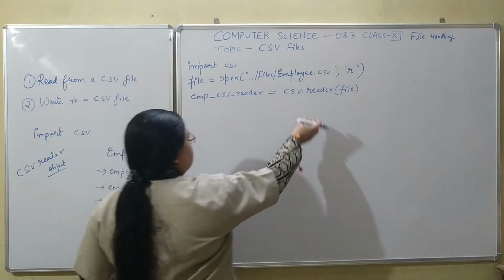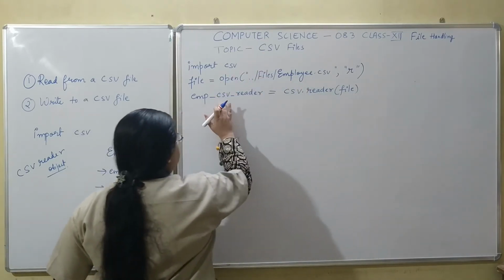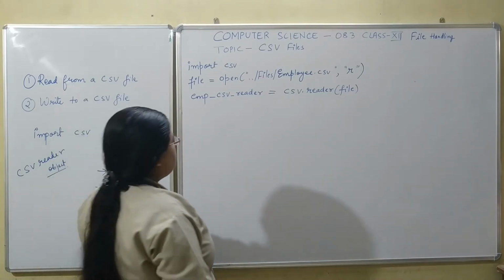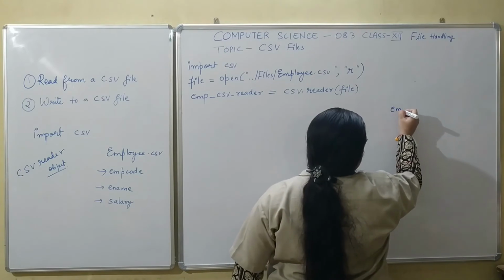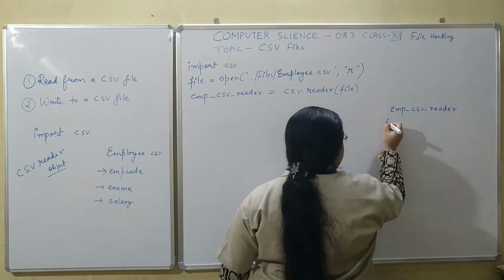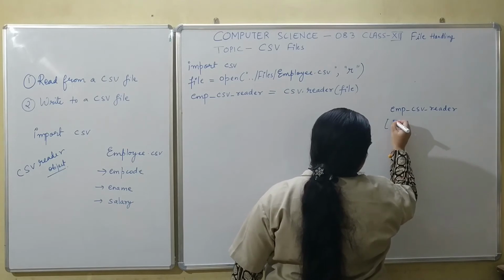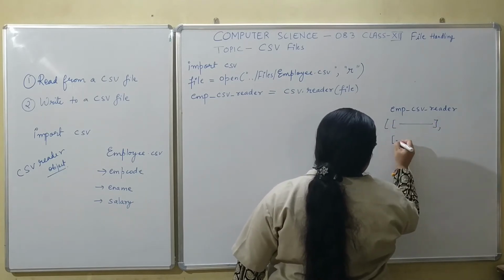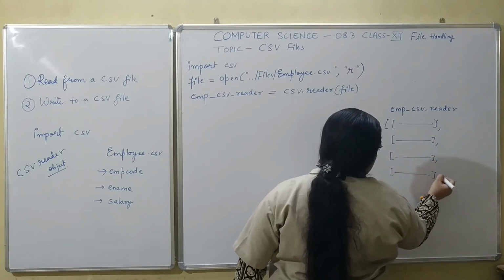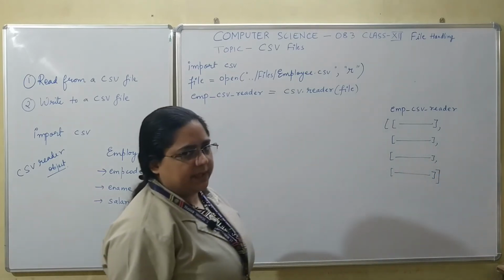So this will create a CSV reader object, and everything that is there in the file will be saved in emp_csv_reader_object. It actually stores all the records in the form of a list, where comma is used to provide separation between each of the individual data values or field values.